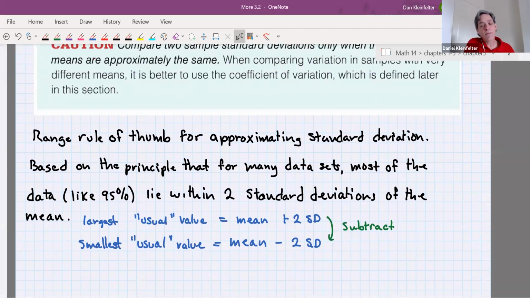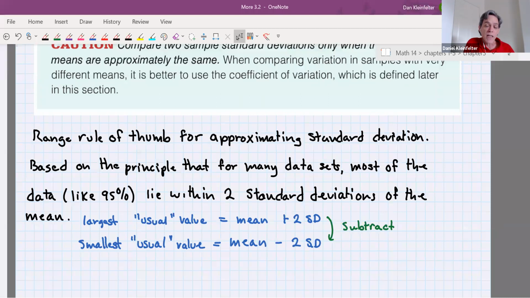We want to look at something called the range rule of thumb that is used for approximating the standard deviation. This is based on the principle that for a lot of data sets, about 95% of the data lies within two standard deviations of the mean.